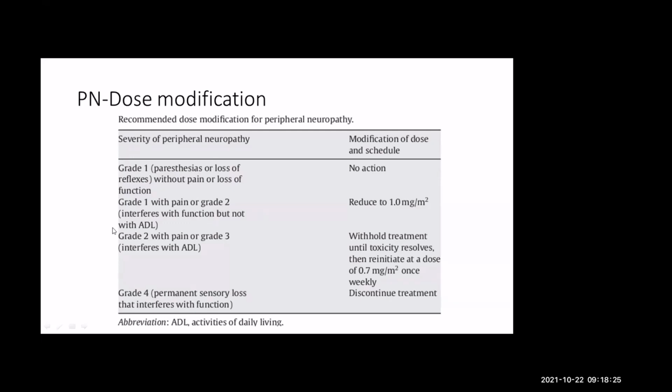And the dose reduction is quite steep. So any person with a grade 1 neuropathy with pain, or a grade 2 neuropathy, should have a dose reduction to 1 milligram per meter square. Anyone who has a grade 3 neuropathy or grade 2 with pain, you have to hold the treatment. So it is a very low threshold for decreasing the dose.